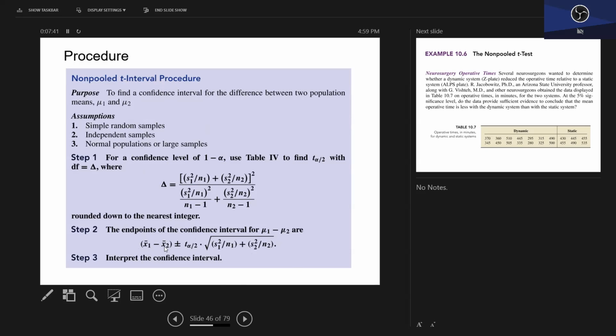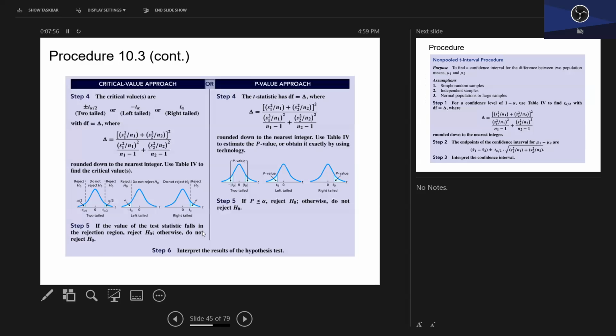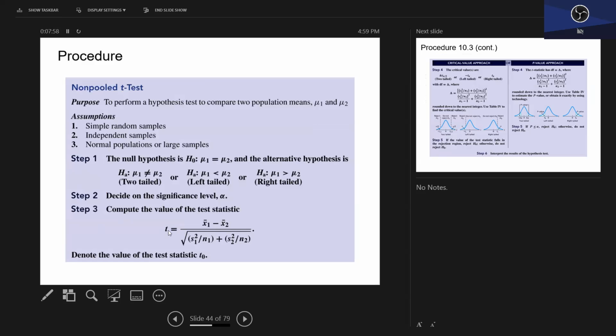Not the mean, it's the difference of the means, right? The guess of where it is located. The second part, after the plus or minus, is your margin of error. This margin of error comes from step 3: the t-score multiplied by your non-pooled t-test standard deviation.